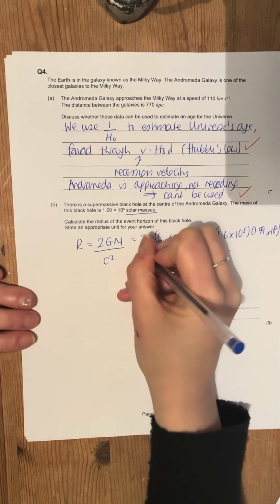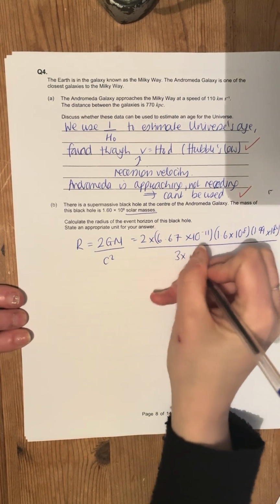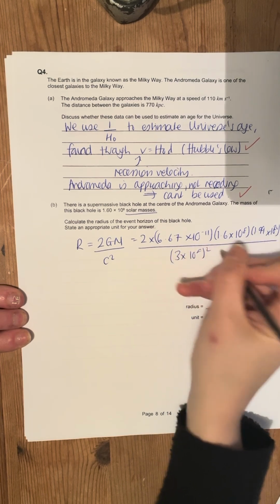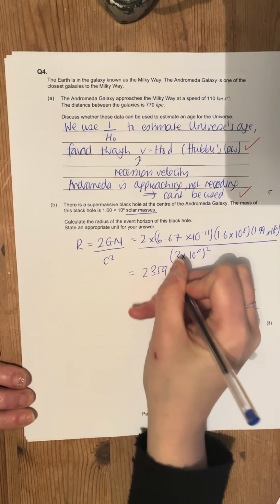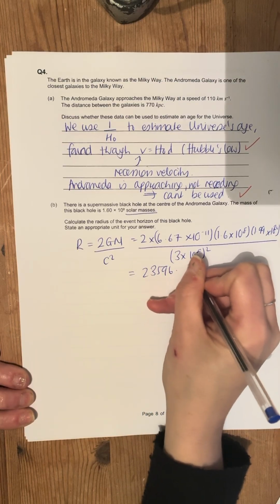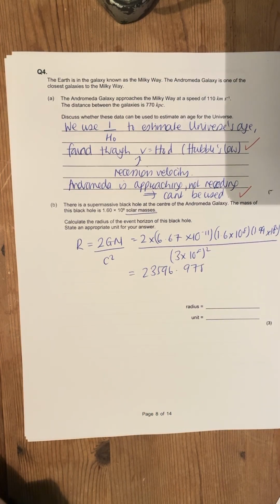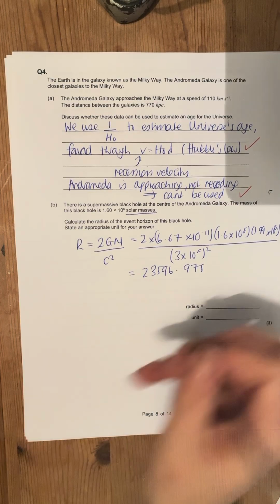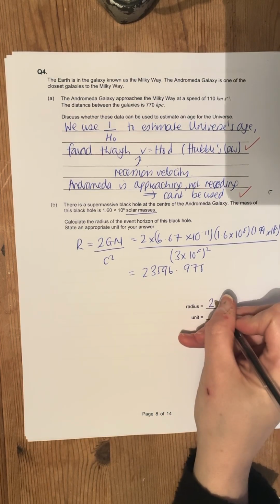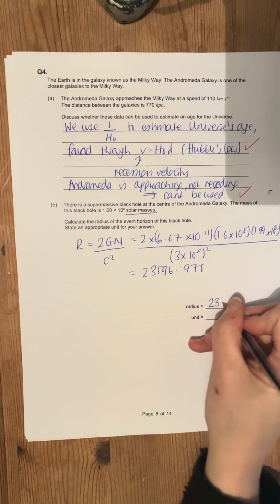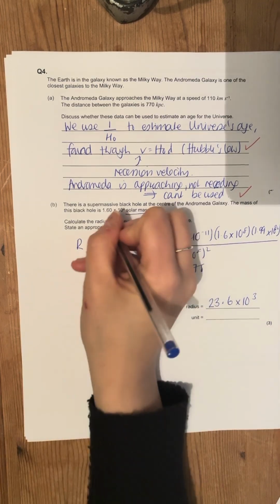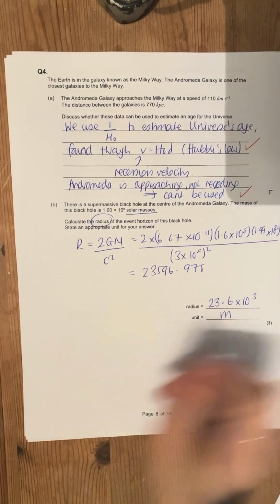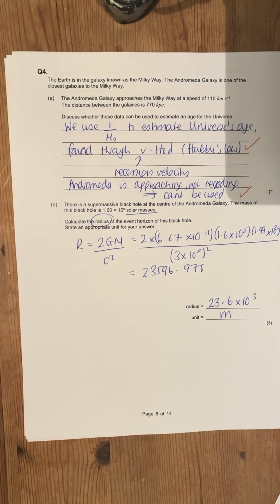So do all of that and then divide it by 3 times 10 to the 8 squared, don't forget, and you should get a nice easy sum here, 0.97823596. I'm going to just round that to 3.6 times 10 to the 3. Unit: it's a radius, meters. Don't make it harder than you have to. You can put it in AU and all different things, but just keep it in meters, make your life easier for yourself.